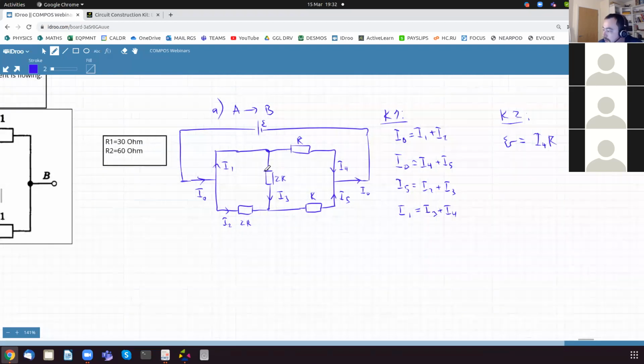Then we can say that EMF is equal to 2I3R plus I5R.